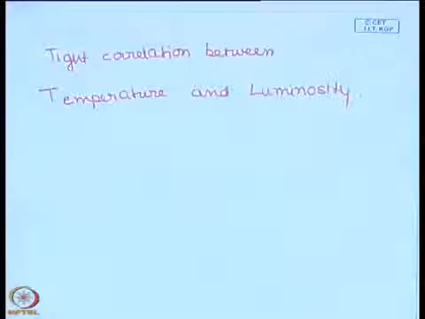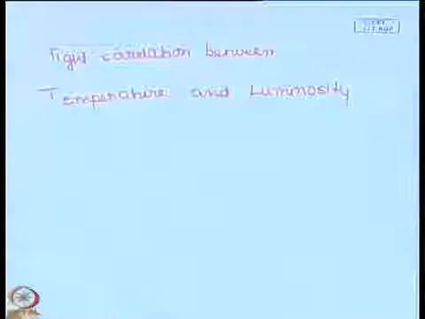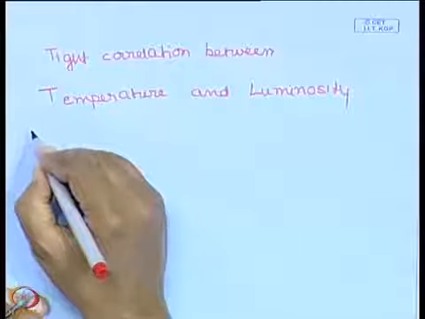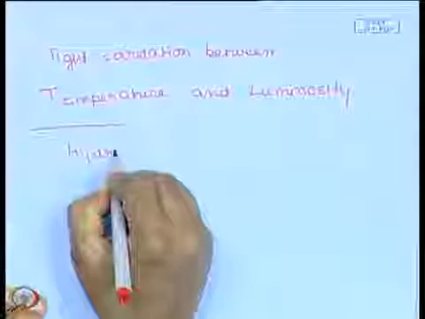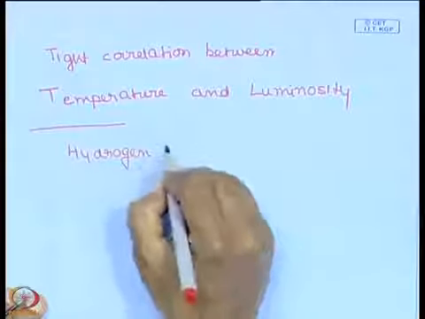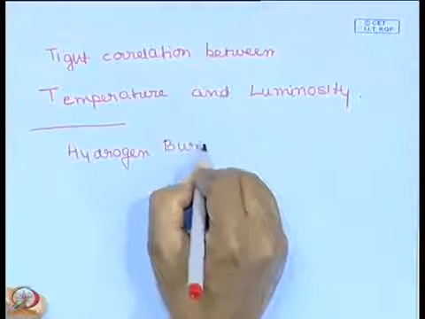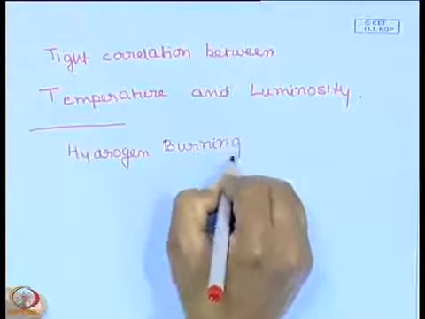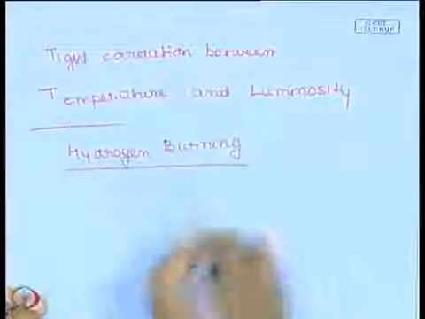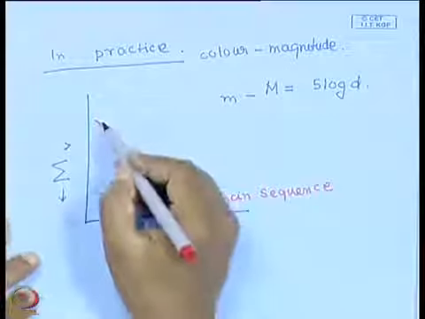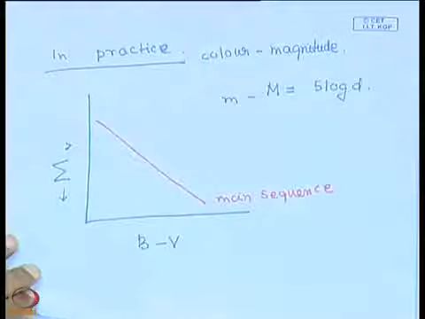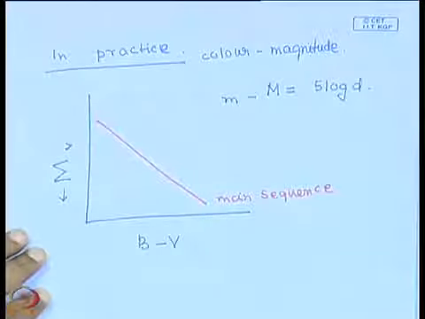It was later realized that these are the stars which are burning hydrogen. These are the hydrogen burning stars which lie on the main sequence. So, all the hydrogen burning stars in the HR diagram lie on a band like this called the main sequence. Okay.